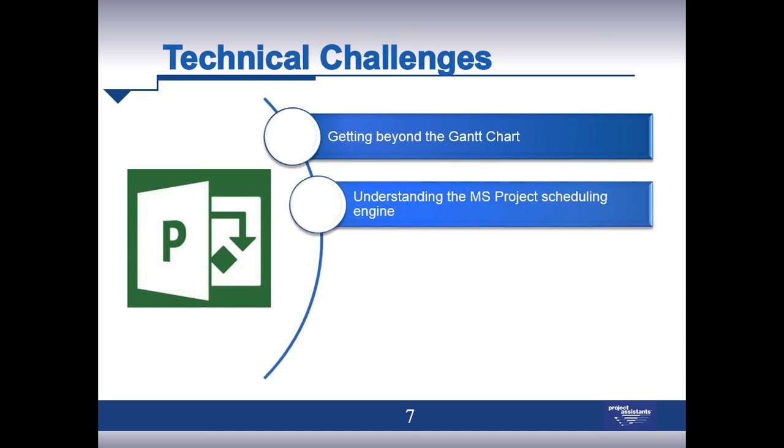Understanding the MS Project scheduling engine: I've seen quite a few very experienced project managers who really don't understand the mechanics of how this tool works. So we're going to get into a little bit of that today in terms of, when I make a change in effort, duration, or resource availability, how does that actually impact the project schedule?